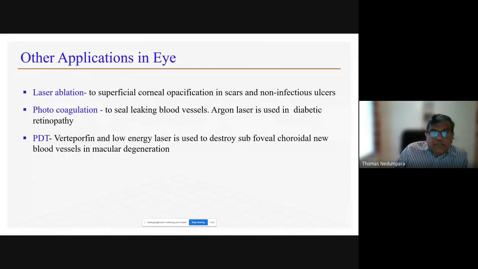Other applications of laser are in ablation of a corneal opacification from injury to the cornea or infected ulcer. In diabetic retinopathy, there may be leaking blood vessels, which can be corrected by photocoagulation. And you can also do photodynamic therapy for destroying the blood vessels in macular degeneration.